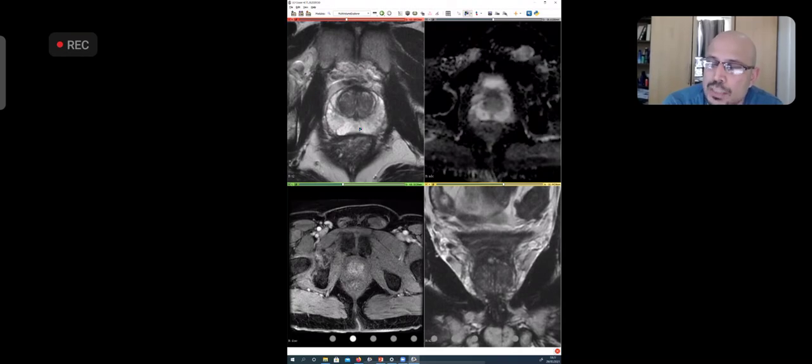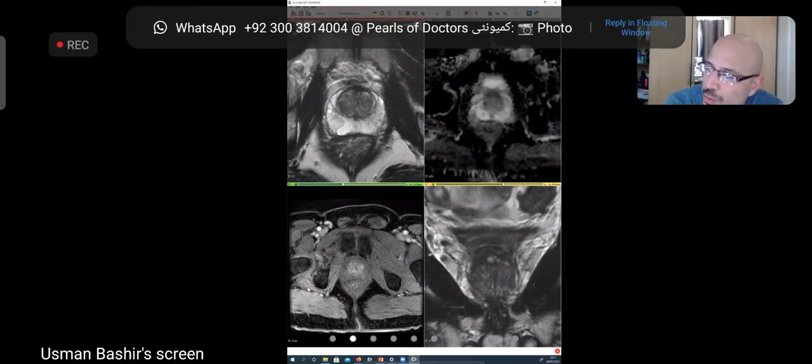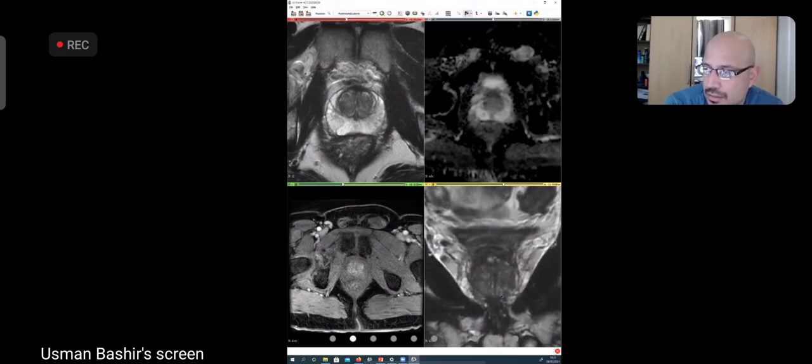Now BPH has a very textured look. These are called beads of string, grapes, bubbles, these bubbly cystic bright spots scattered throughout the tissue, interspersed with mildly reduced T2 signal intensity. This is a standard appearing, normal appearing BPH.